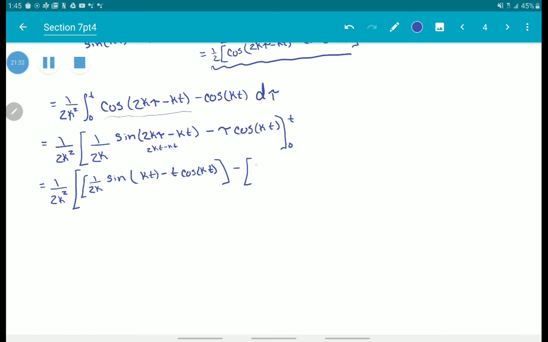Minus. Now we're substituting in 0. That's going in for that tau. So that would be 0 minus kt, which is just minus kt. Minus tau. And then we plug in 0 for tau here. We're going to get 0.